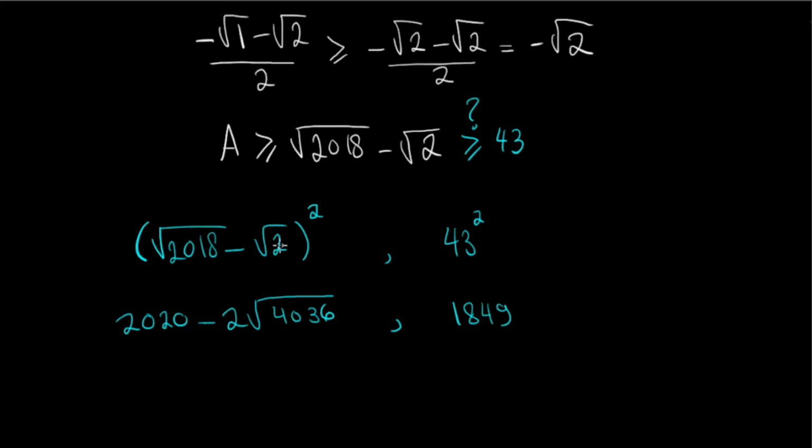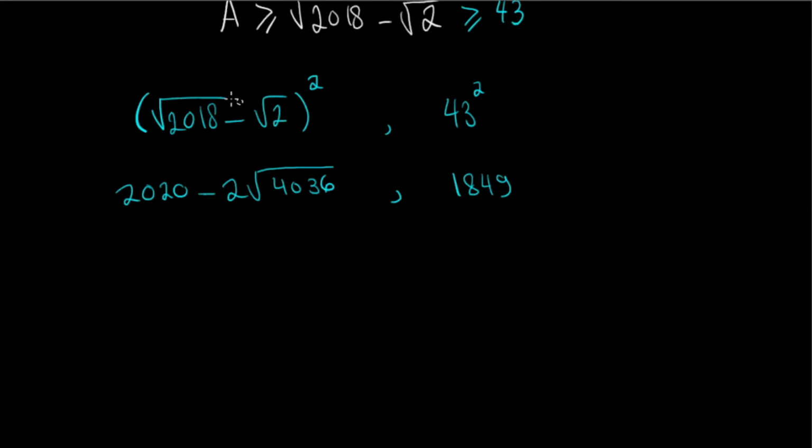The difference between 2020 and 1849 is 171.